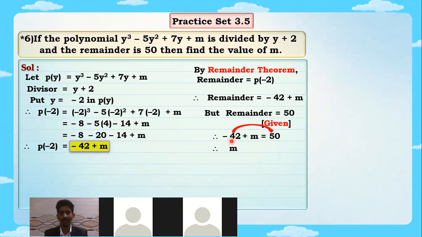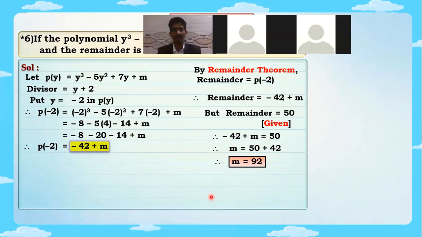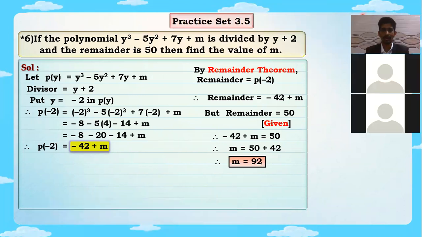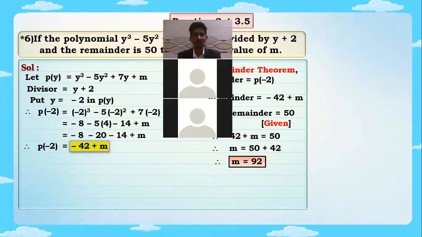So you get the value of m as 50 plus 42, and that is the result, 92. So this is the final answer. The value of m we have got is 92, and we'll keep it in a box for better presentation. Very simple question, students. Just a small change: here we had to find the missing term by the remainder theorem.